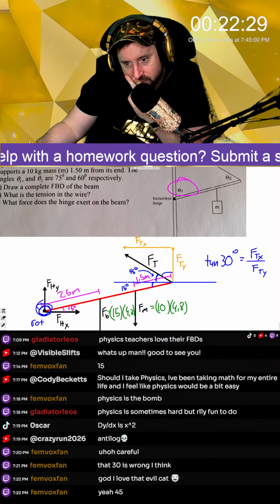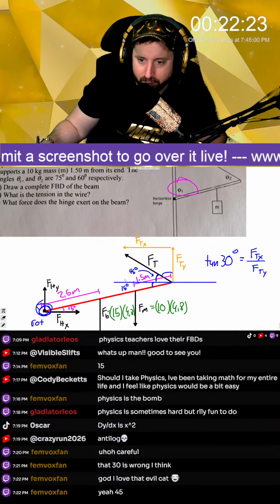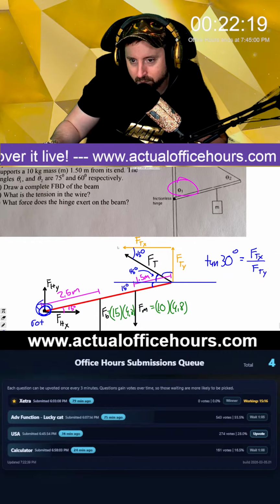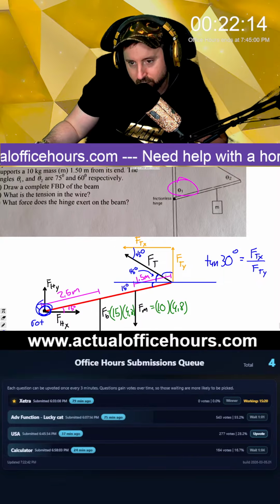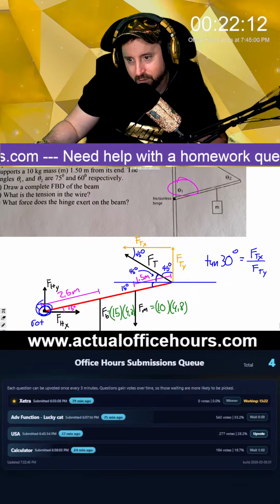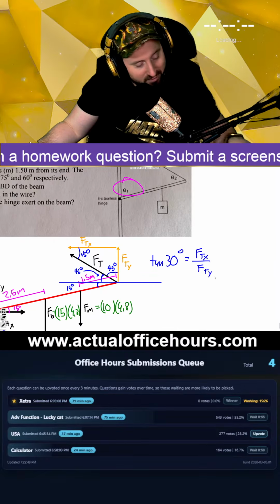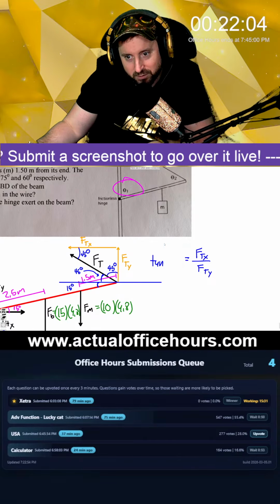How do we get that last angle? Oh, wait a minute. If this is 45, this is 45. Yeah? We agree with that? Because that's a transverse? Okay. So then this is 45 degrees. Ah! Very cool. That tells me FTX equals FTY. Oh, yeah. Wow, that's actually really cool.